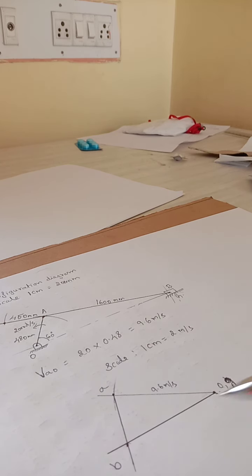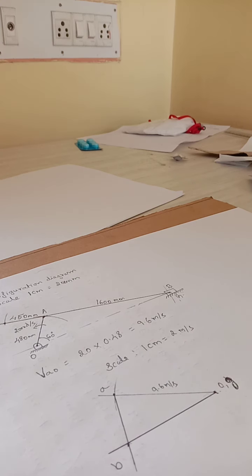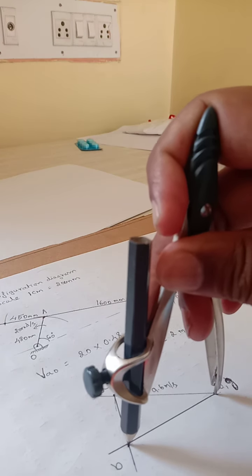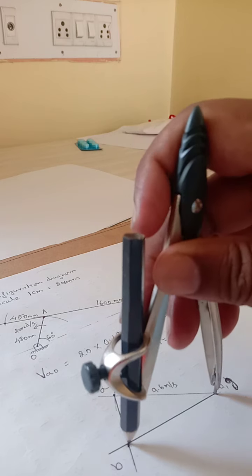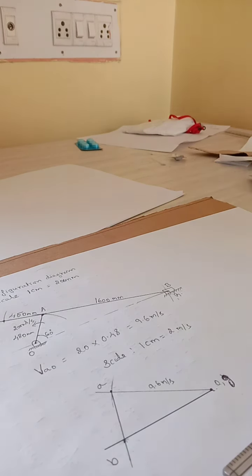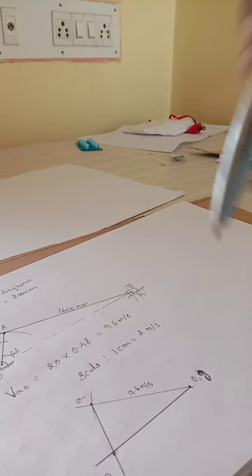Now we want to measure. The lengths can be measured now, and the unknown velocities can be found out. So now I am going to measure this length, and transfer it into the scale.